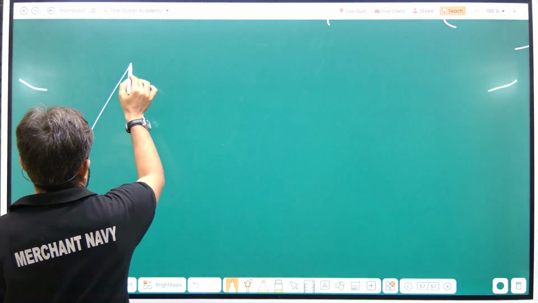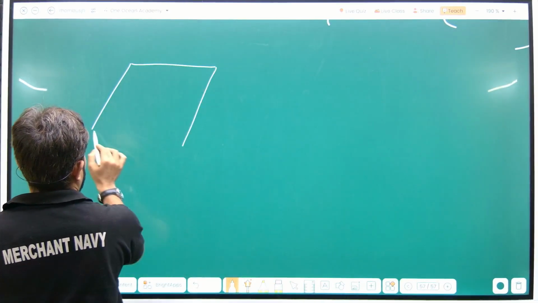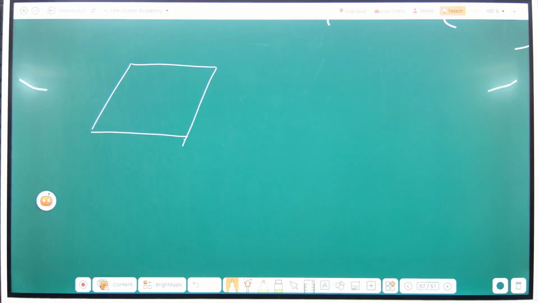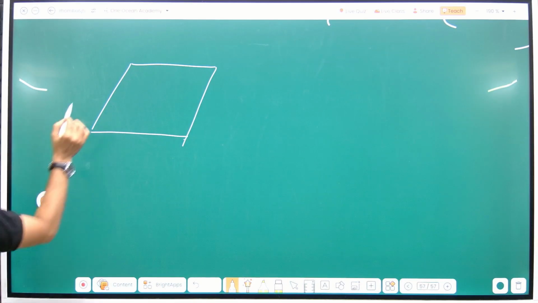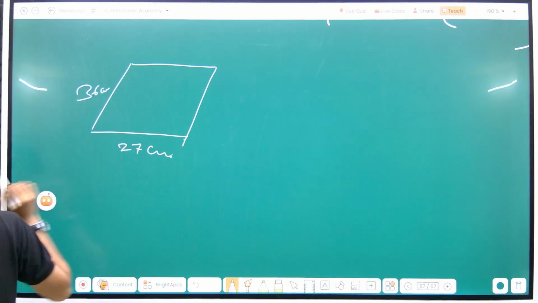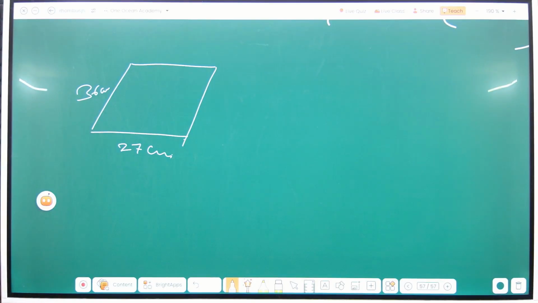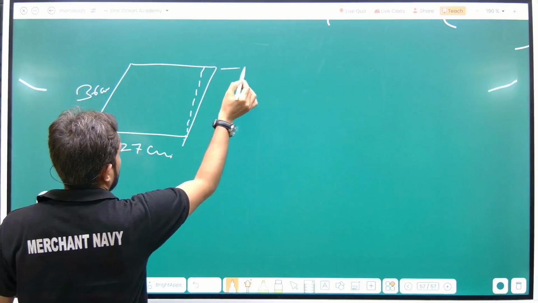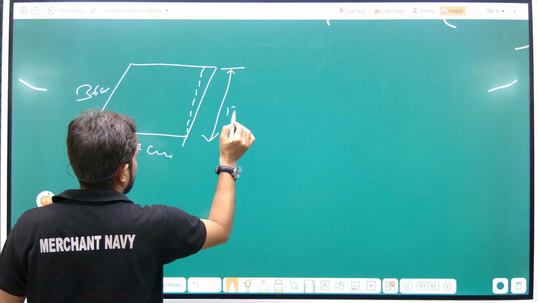So suppose that this is a parallelogram, and it is given that this is 36 centimeter and this is 27 centimeter. The distance between the shorter sides is 12 centimeter.